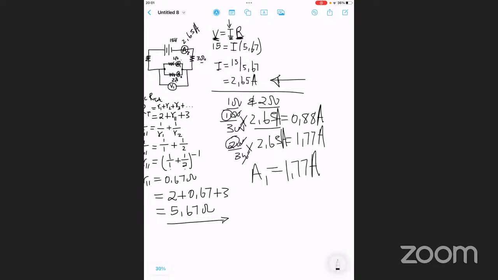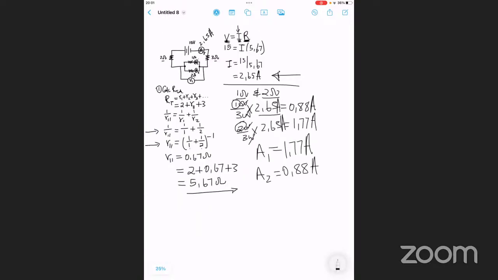Yeah, this one might be confusing. Let me give a quick example here.